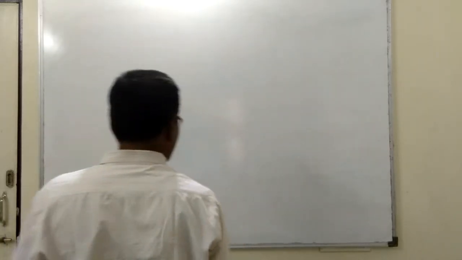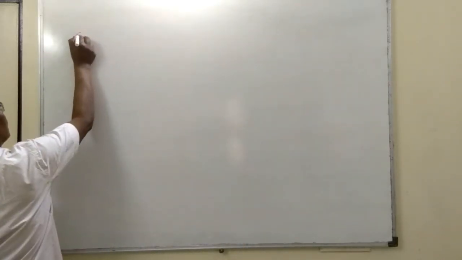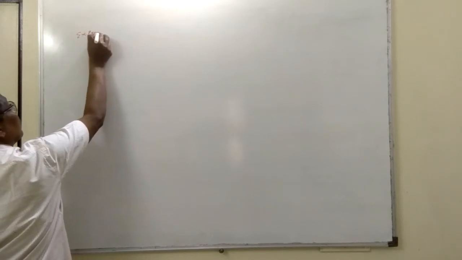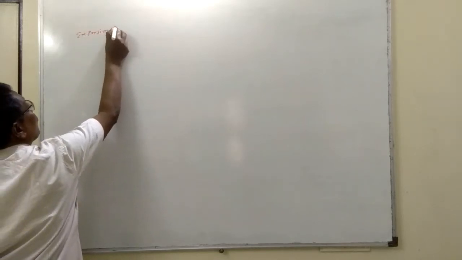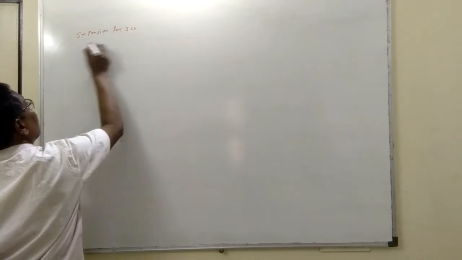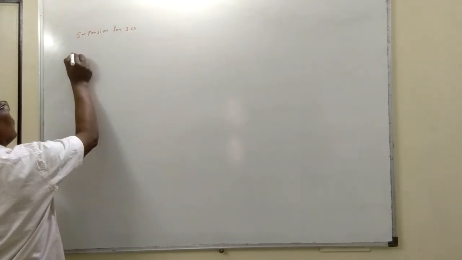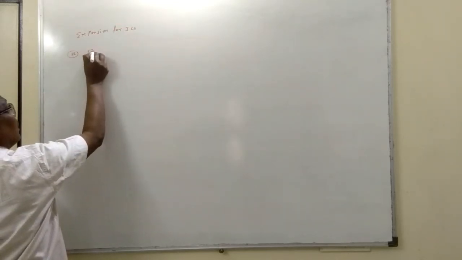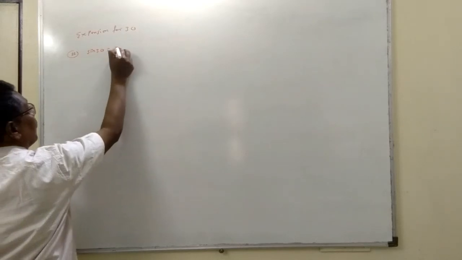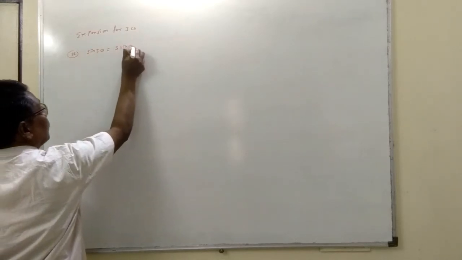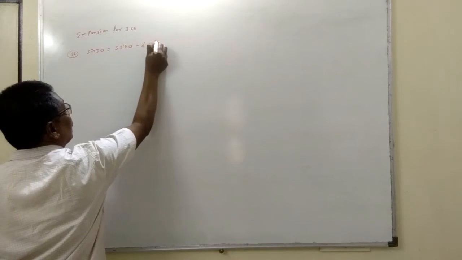Now next we will understand the expansion for 3 theta. Sin 3 theta is equal to 3 sin theta minus 4 sin cube theta.